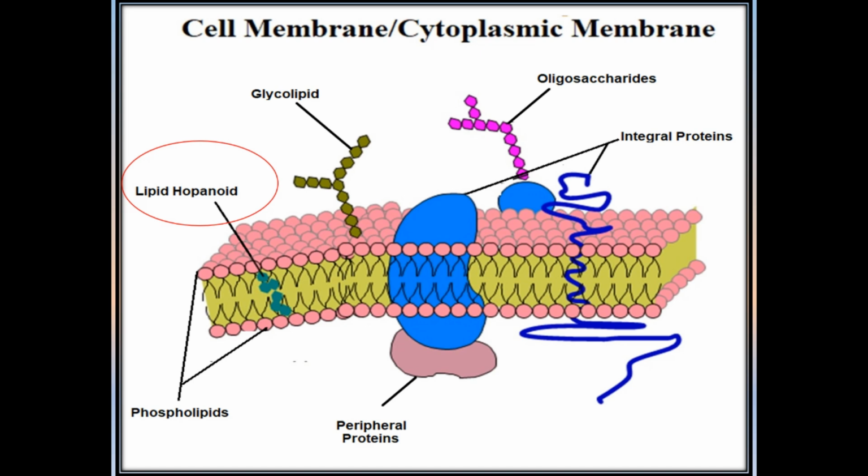This type of lipid increases membrane rigidity, and works like sterols. Sterols are mostly found in the cell membranes of eukaryotic cells, so sterols are absent in prokaryotic cells. However, the lipid hopanoid may serve as sterols.